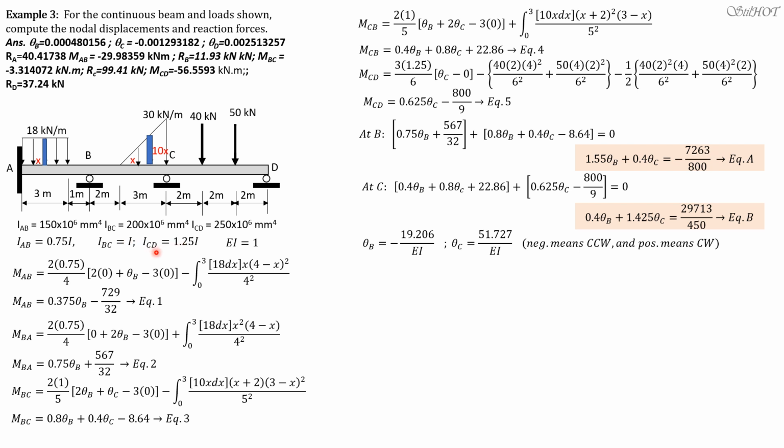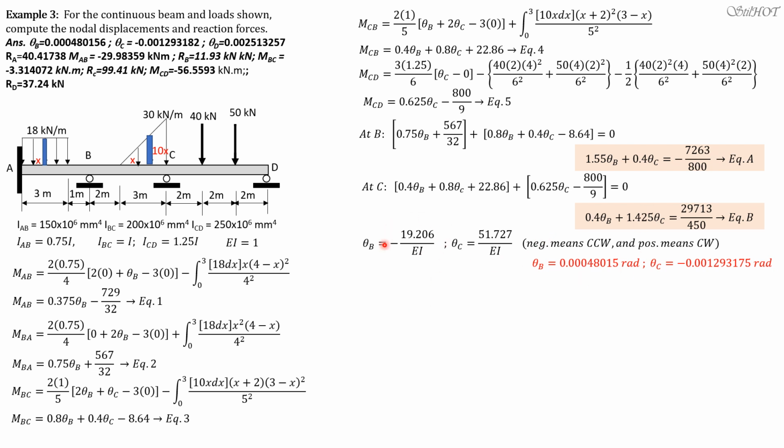We divide by 1,000 cubed to make it kilonewton meter square, and the result would be 40,000. So dividing theta B by 40,000 will give us a value in radians equal to 0.004815 radian. Again, this theta B means that the tangent at B rotates counterclockwise, and counterclockwise is positive.